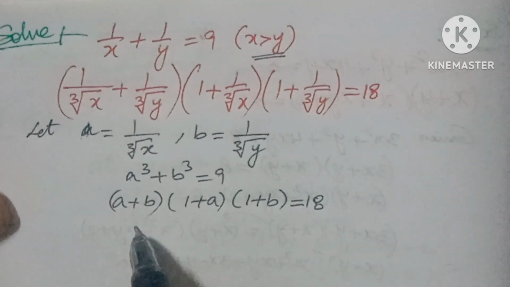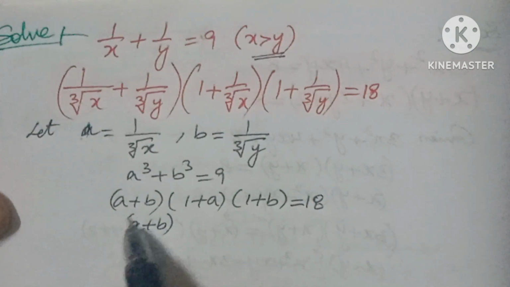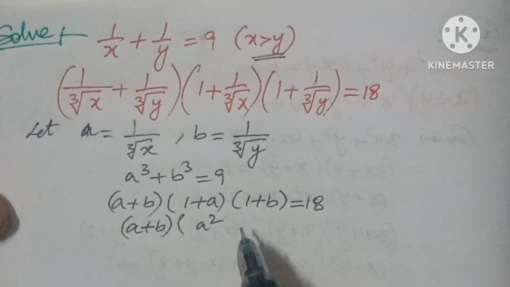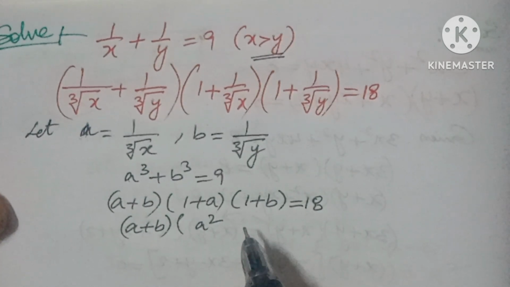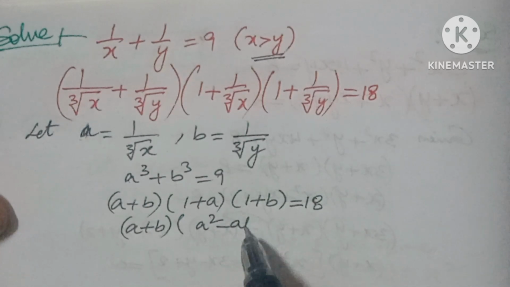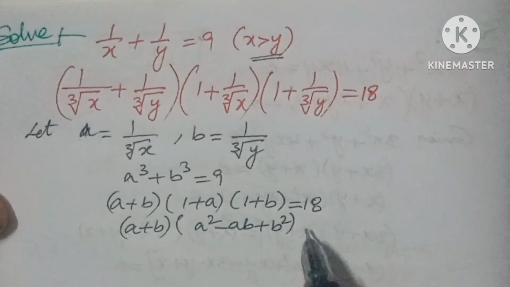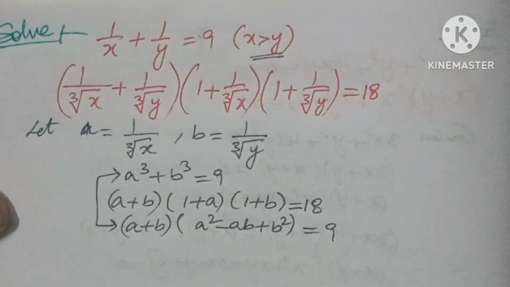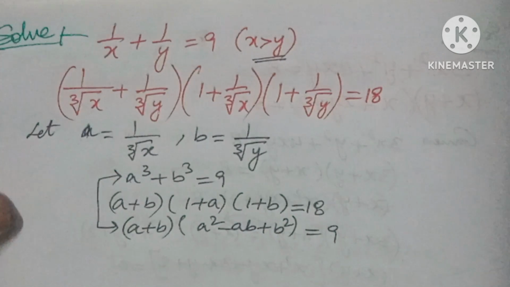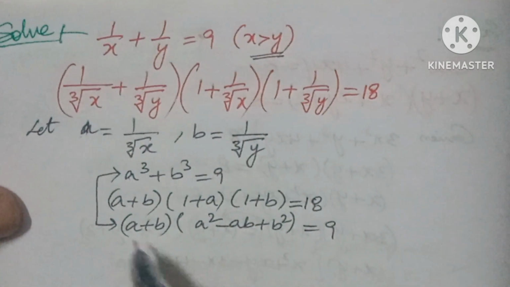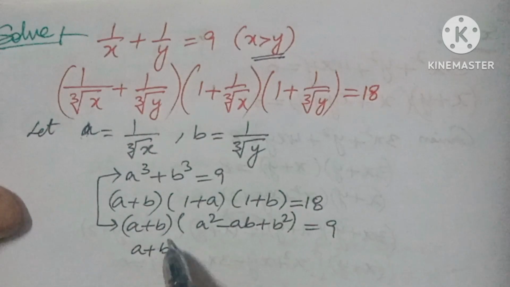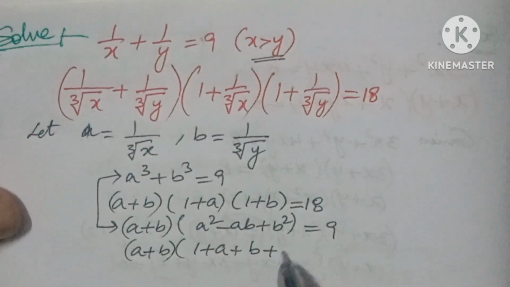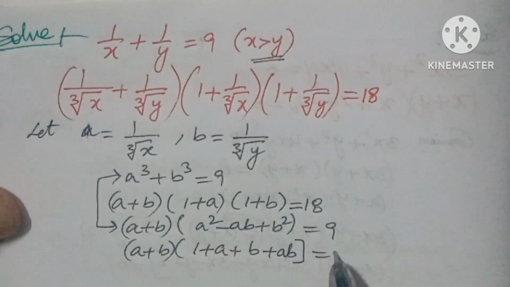From the first one you can write the formula a³ + b³ = (a + b)(a² - ab + b²). From the second you can write (a + b)(1 + a + b + ab) = 80.